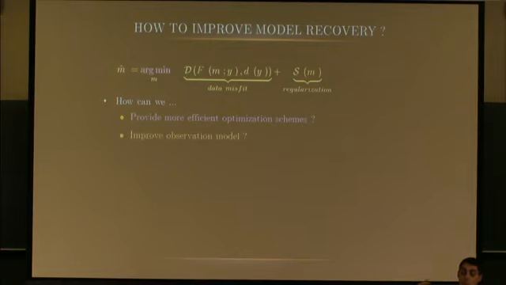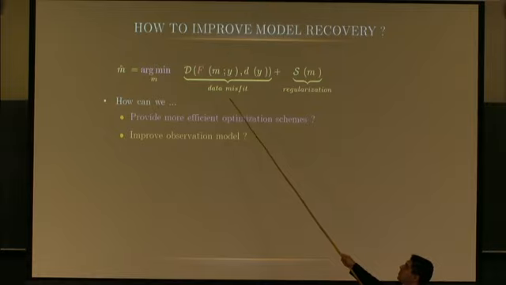Second question is, how can you model the physics in a more appropriate way? Higher order approximations, better geometrical representation, and so forth. And if you do that, you can get rid of some of the model inadequacies that you may have, right?